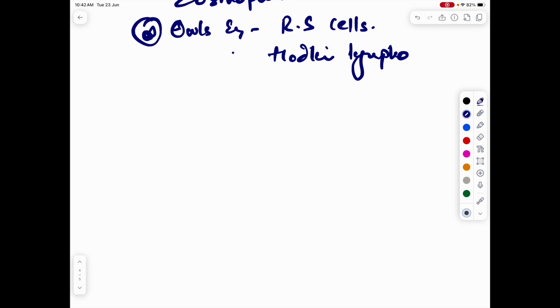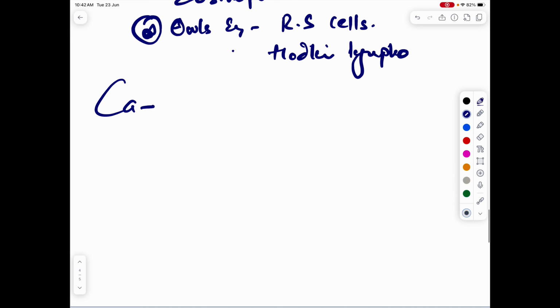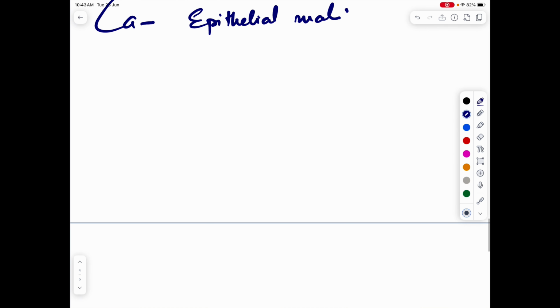Then, what is carcinoma? Carcinoma is a malignancy of epithelial cells. Features of malignant cells: how to differentiate between malignant and benign?